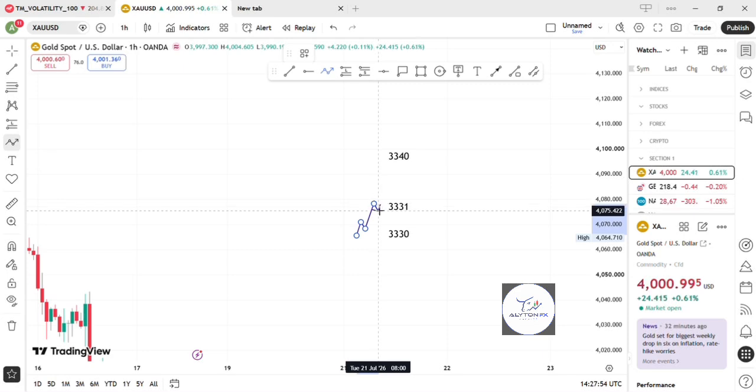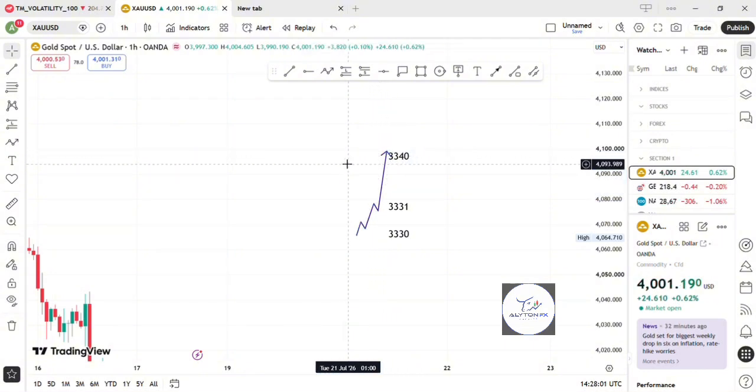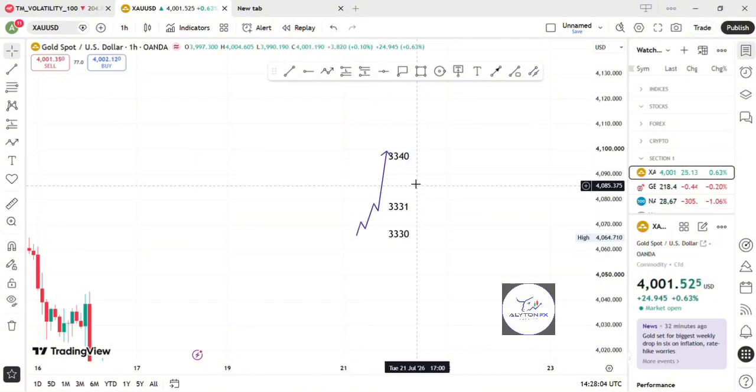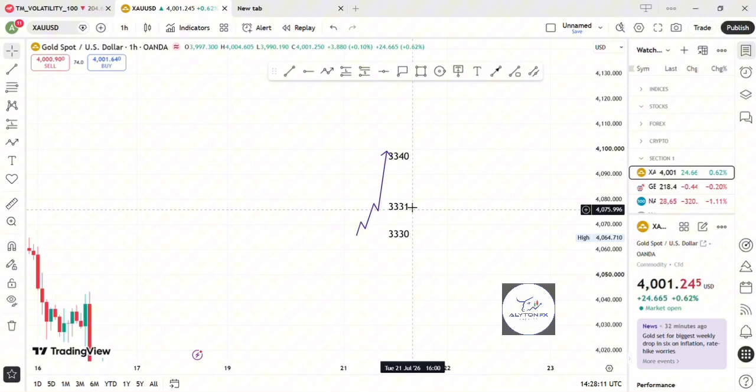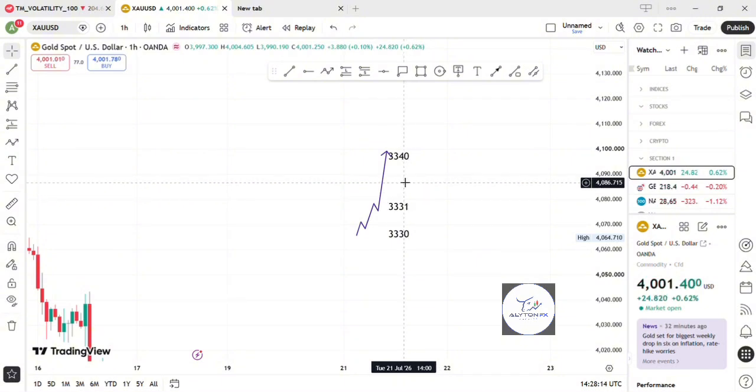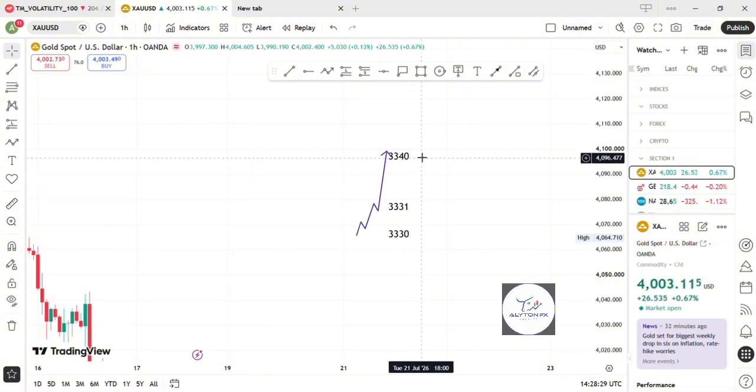Let's say it increased from this 3331 and passed and entered 3340. Let's count it: 3331, 3332, 3333, 3334, 3335, 3336, 3337, 3338, 3339, 3340. It means if from one digit to the next is 10 pips, then from here to here is 100 pips profit.